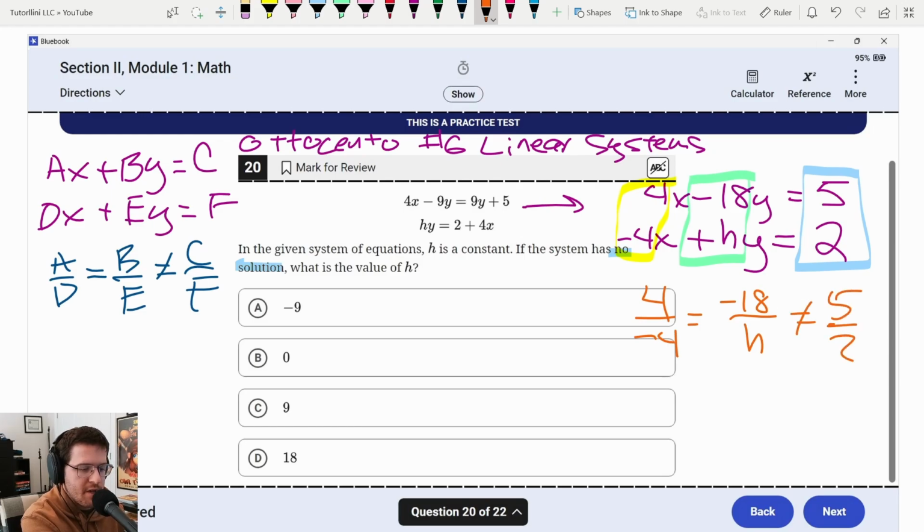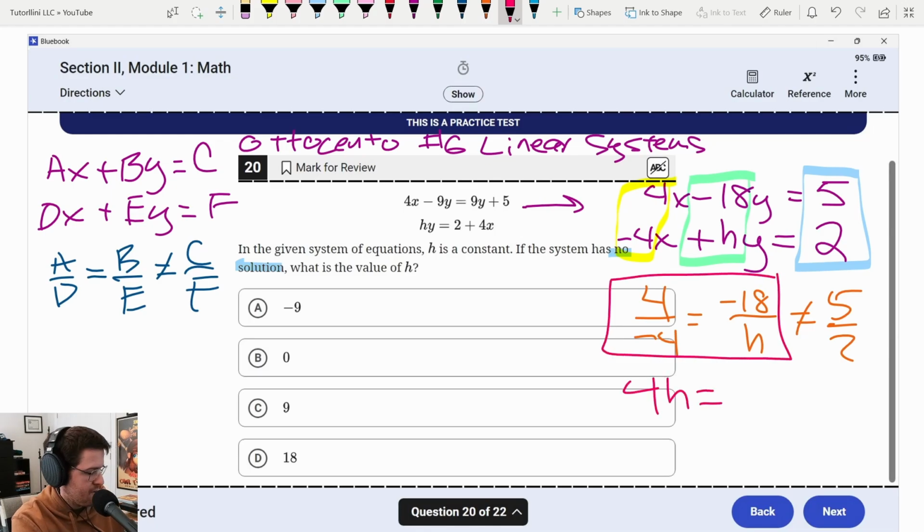We don't really care what it's not equal to for this problem, so let's just look over here. If I cross multiply, I get 4h equals negative 18 times negative 4, which is 72. And now I divide both sides by 4, and I get h is equal to 18, which is choice D.